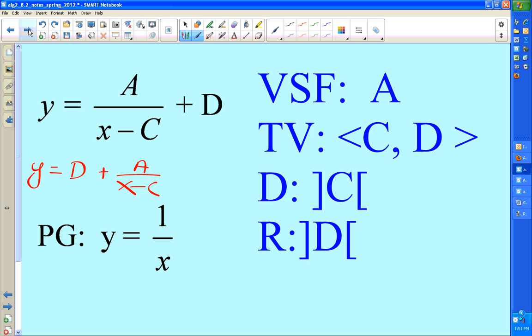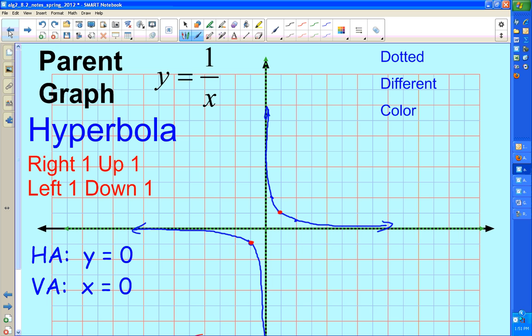Now, the best thing is the domain and range, right here, are exclusive. Okay? They're exclusive. Everything else is okay except for C on the domain and D on the range. If you go back to your graph, the domain is everything except for what?